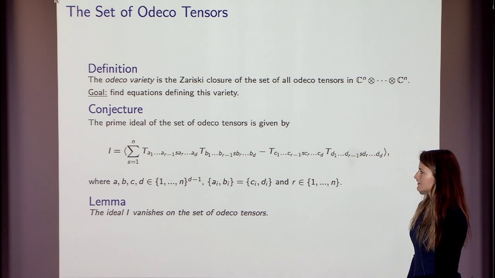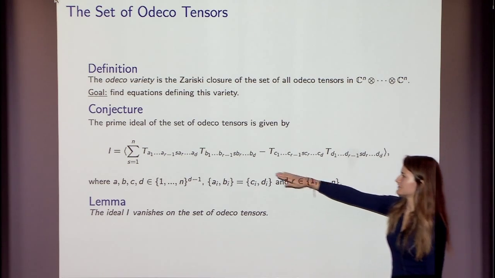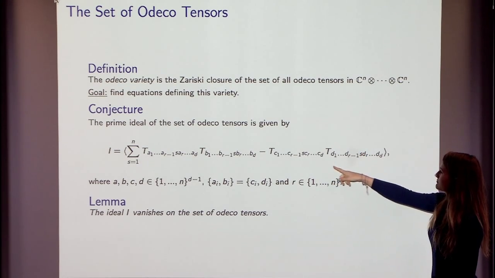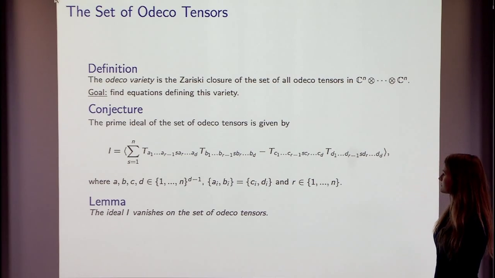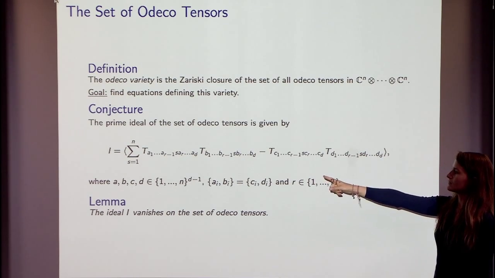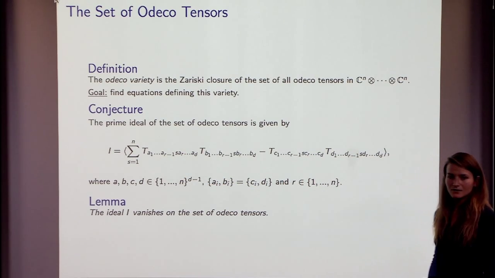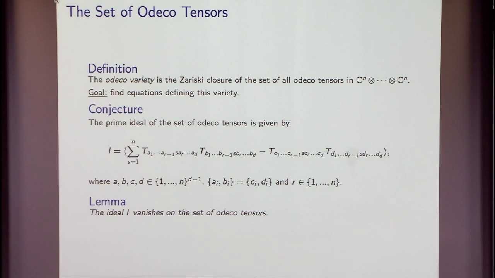Basically these are the equations defining the Segre variety, but then you pick the rth index, and you put the same s in all of them, and you sum over s.